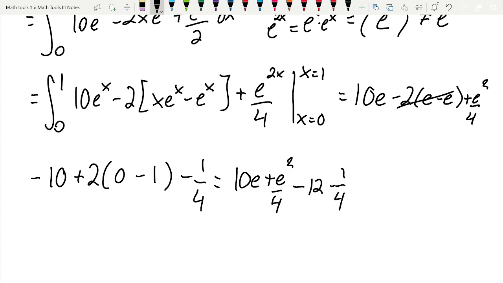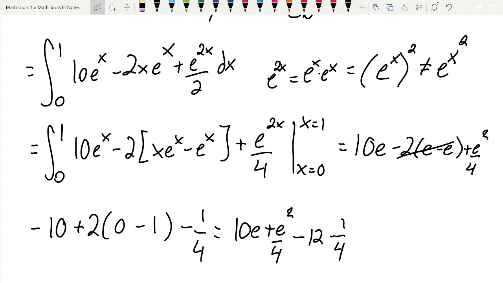I don't have the answer for this one, so I could check in Wolfram real quick. And yeah, it does look correct. So that's Wolfram Alpha, by the way, in case anybody wants to check their own answers. It's pretty much the only program I know that you could do double integrals like this. I'm sure there's others, but that's the one I've always used.